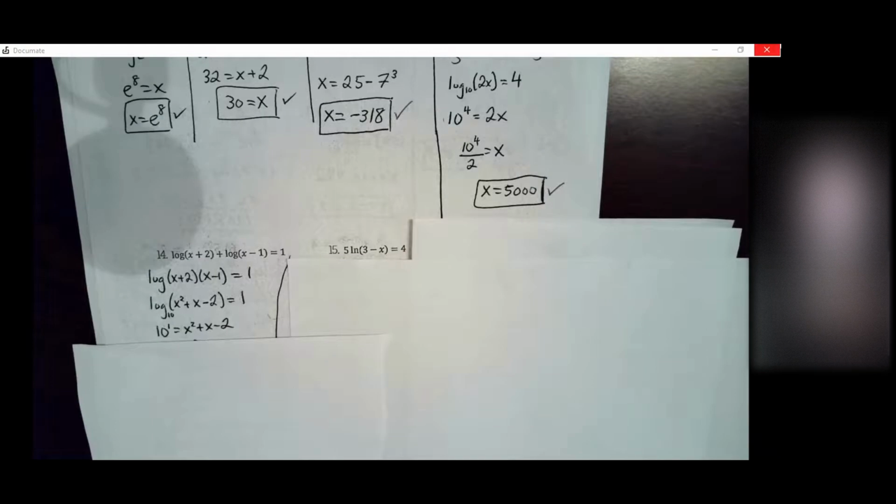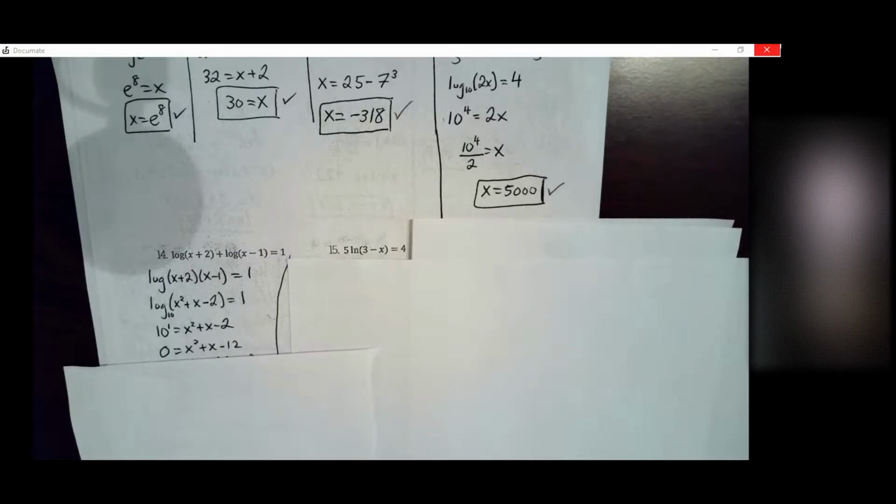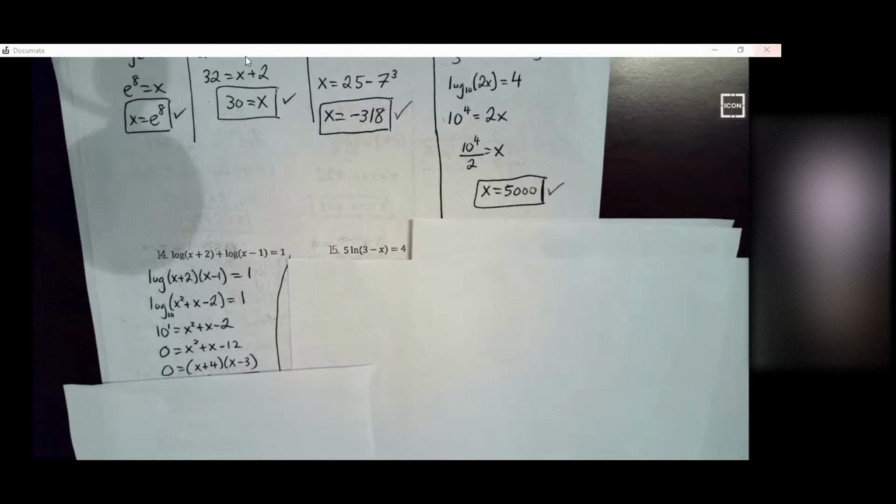Yeah, got to get that 0 to show up on one side if I want to go through binomial factoring. Then x plus 4 and x minus 3. So x equals -4 and x equals +3. -4 won't work. Good. So x equals 3.